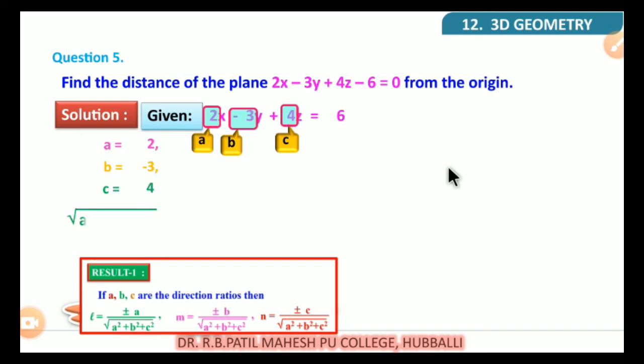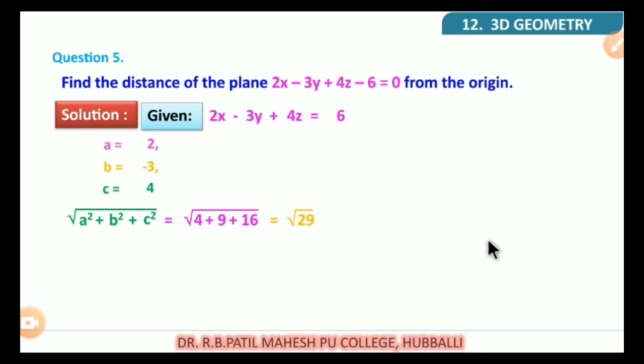Now find the square root of A square plus B square plus C square, because this is the denominator of these L, M, N values. So it is equal to square root of 2 square is 4 plus minus 3 whole square is 9 plus 4 square is 16, which is exactly equal to square root of 29.